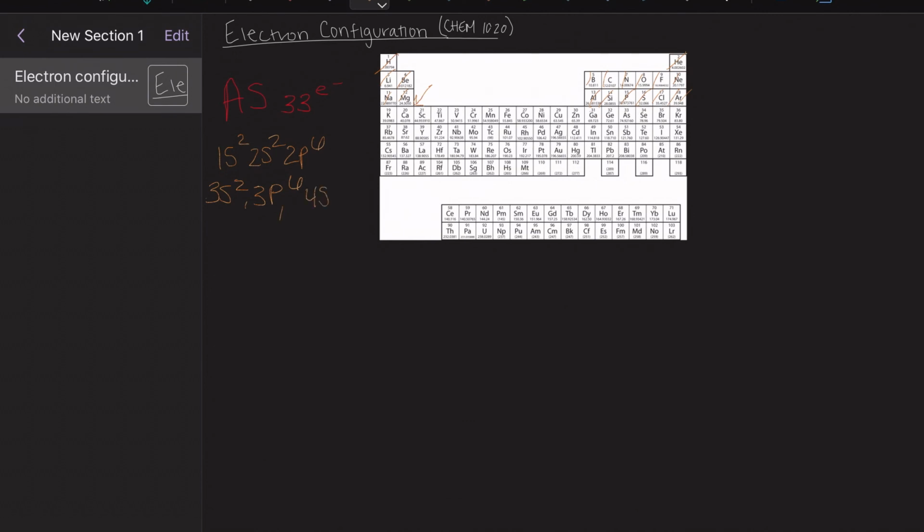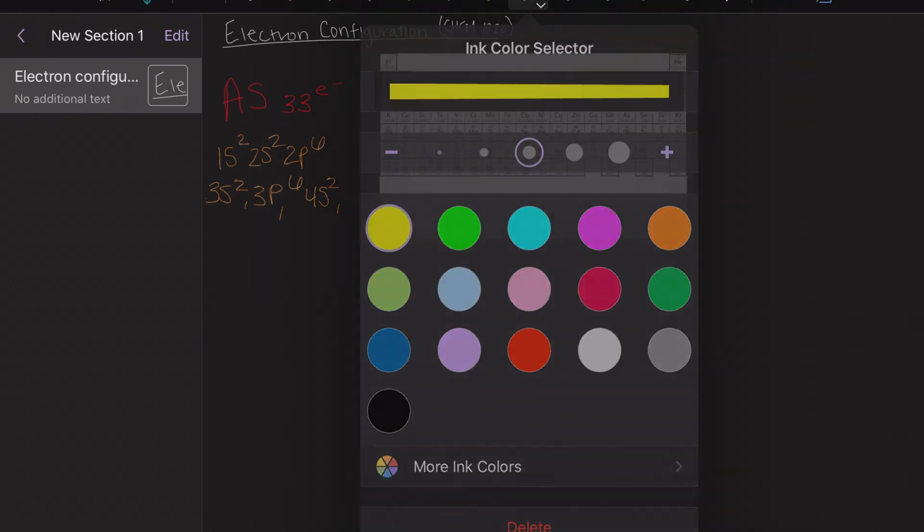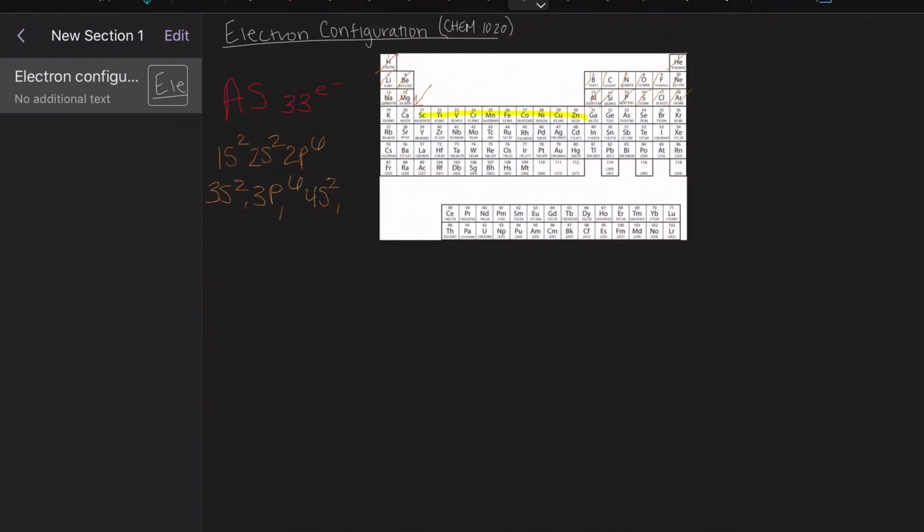We'll fill in 4s with 2 electrons, and then we need to go about filling in this row of the periodic table. So, should we use 3d or should we use 4d? Well, it would make sense that we would use 4d since we were right next to 4s.